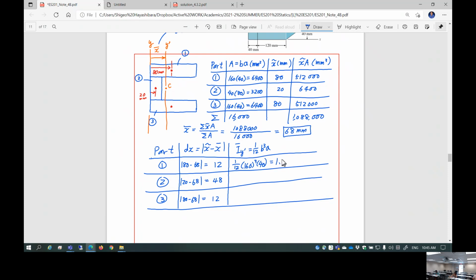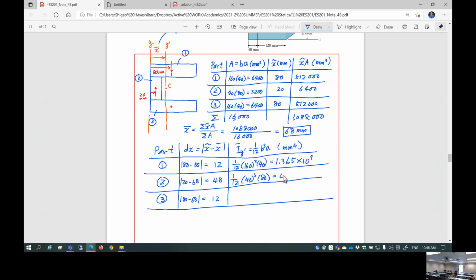So this is 1.365 times 10 to the 7. The unit is millimeter to the fourth. Once again, 1 over 12, 40 cubed times 80.